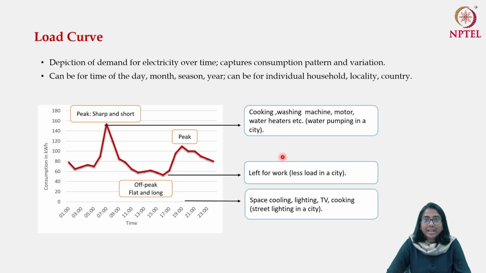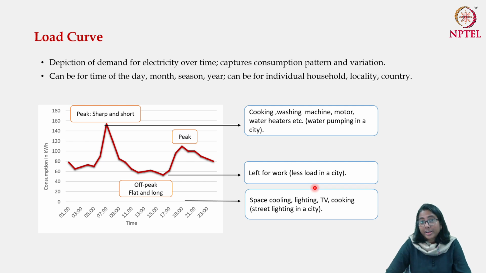Then it might have a valley where there is no water pumping, and this is during the daytime, so you don't require electricity for street lighting either. But after a while, as you approach the night time, you switch on the street lights, and then again the demand for electricity goes up.